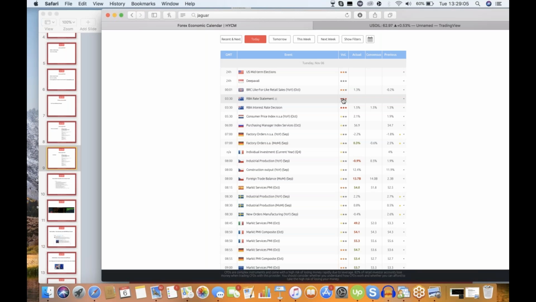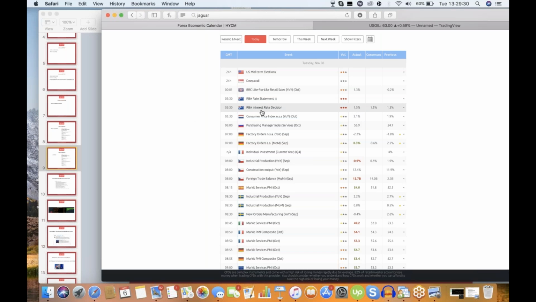You can see that it has a high impact rating, and that's because it's widely followed. Market participants are looking carefully to see what the Reserve Bank of Australia are saying about their rates decision. We covered this, and it was not expected for them to change their interest rate at all. It was expected to stay at 1.5%.